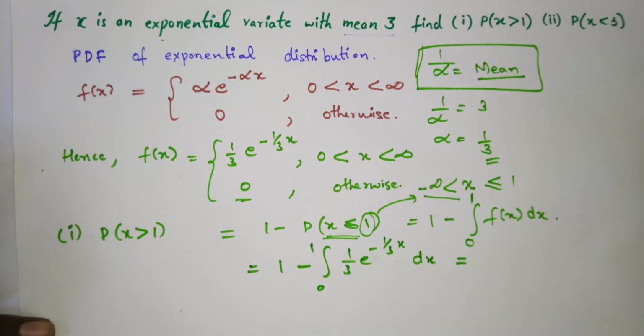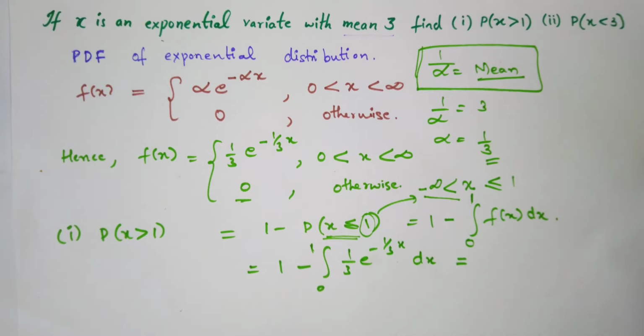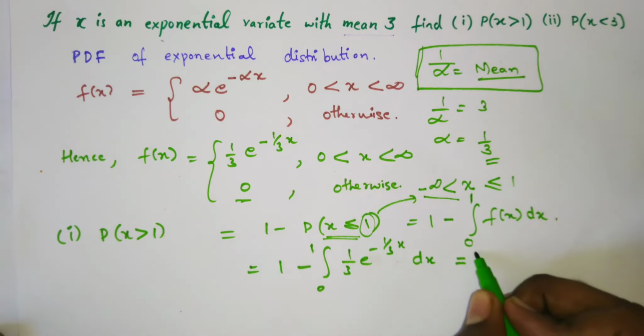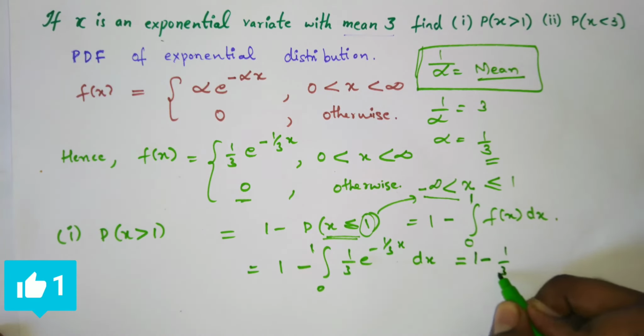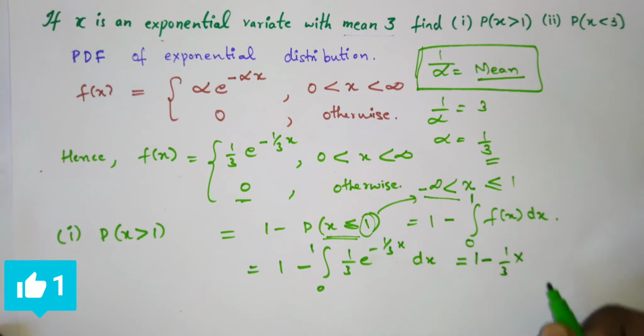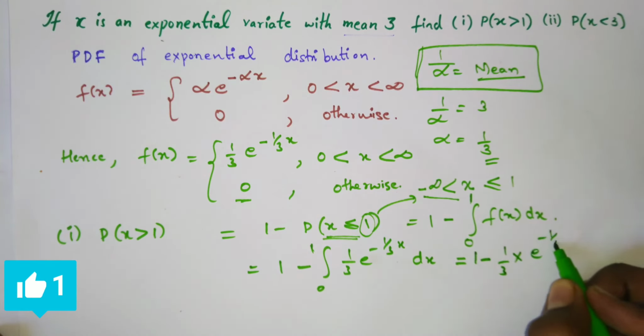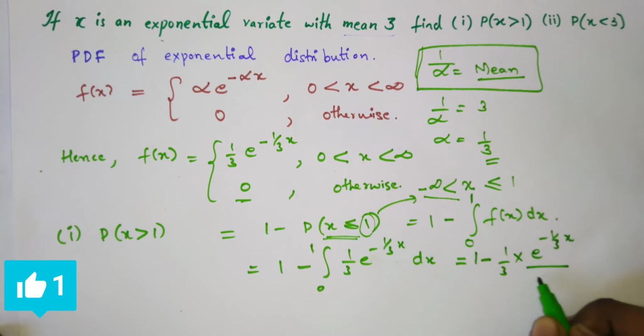Now I have to integrate this. 1 by 3 is a constant, and the integral of e power minus 1 by 3 x is e power minus 1 by 3 x divided by minus 1 by 3.